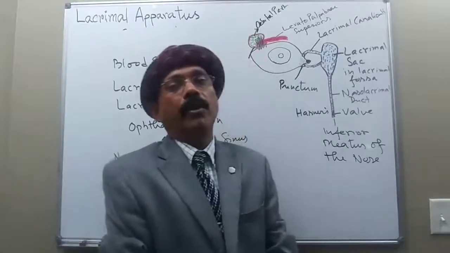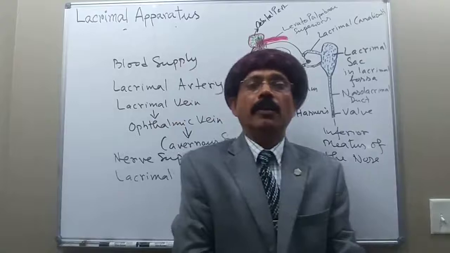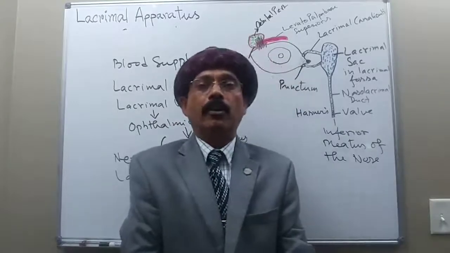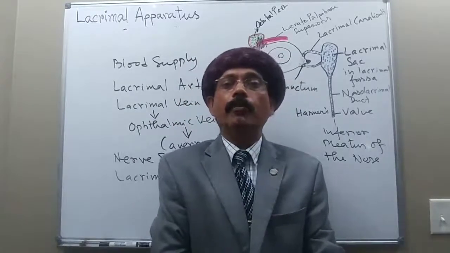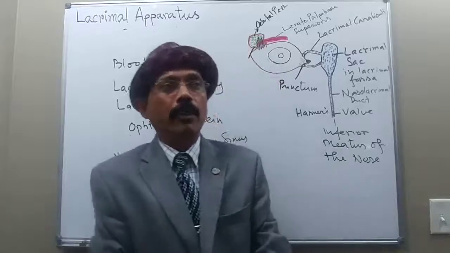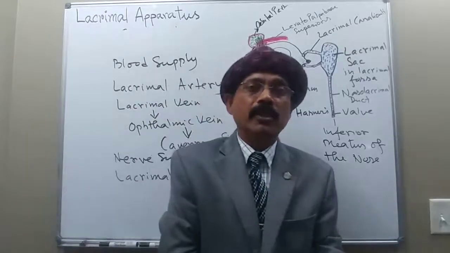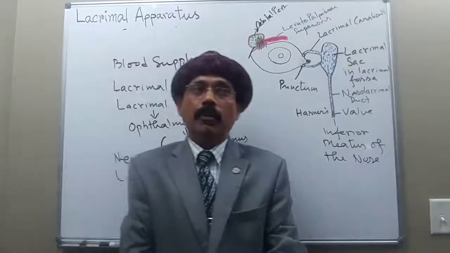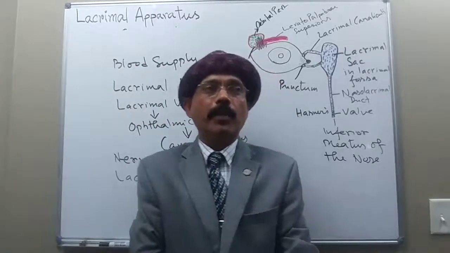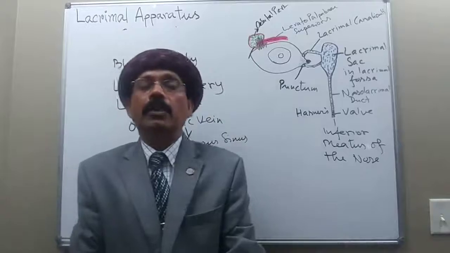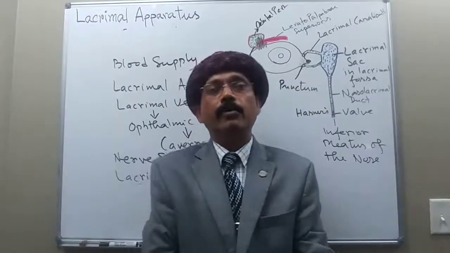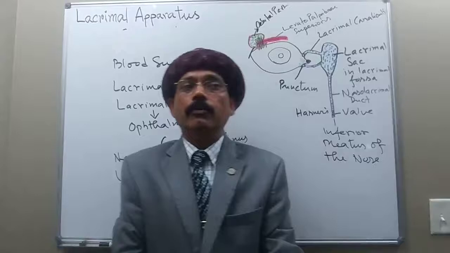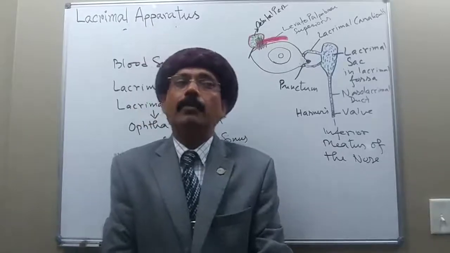The parasympathetic fiber begins from the lacrimatory nucleus, the upper part of the superior salivatory nucleus in the pons. Then it goes through the nervus intermedius, geniculate ganglion, greater petrosal nerve, nerve to the pterygoid canal, pterygopalatine ganglion, then to the zygomatic nerve, zygomatico-temporal nerve, then to the lacrimal nerve, to the lacrimal gland.